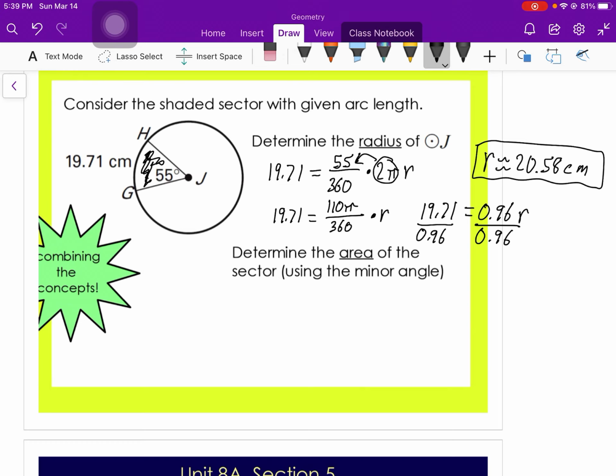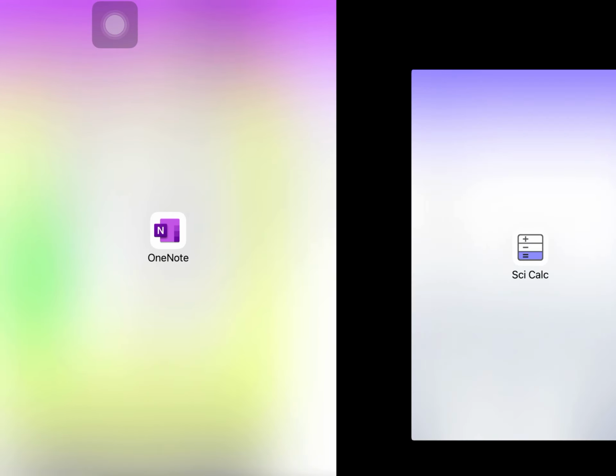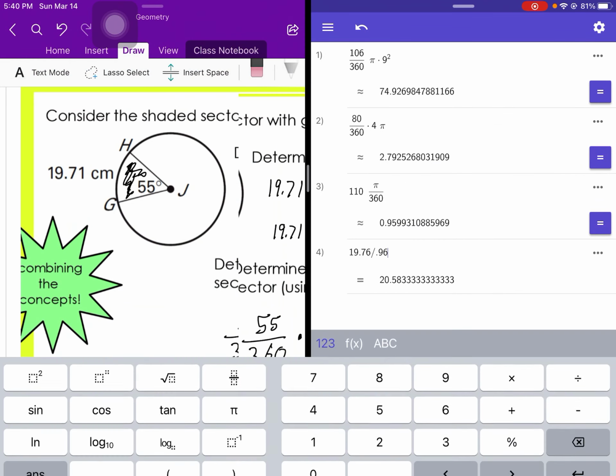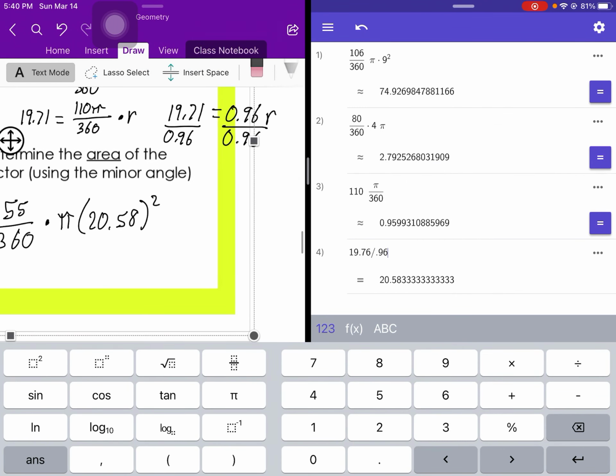Now it wants us to determine the area of the sector using the minor angle. So now we're going to use the normal formula. Thinking about the degrees, it would be 55 out of 360 times pi r squared, and r squared in this instance is that 20.58. So I'm going to type this into my calculator. A lot of calculator work for these two lessons.